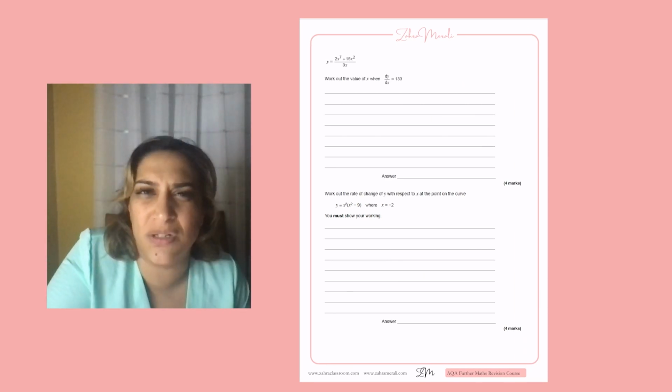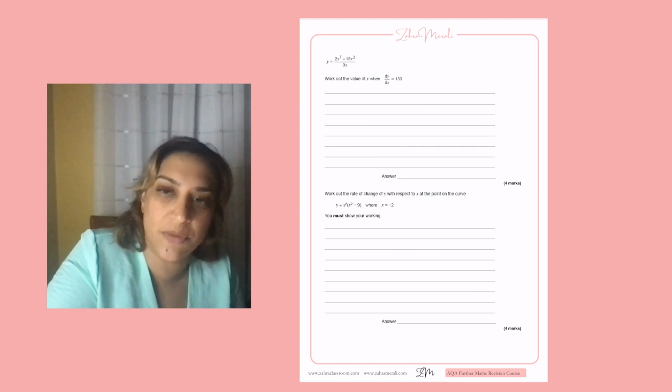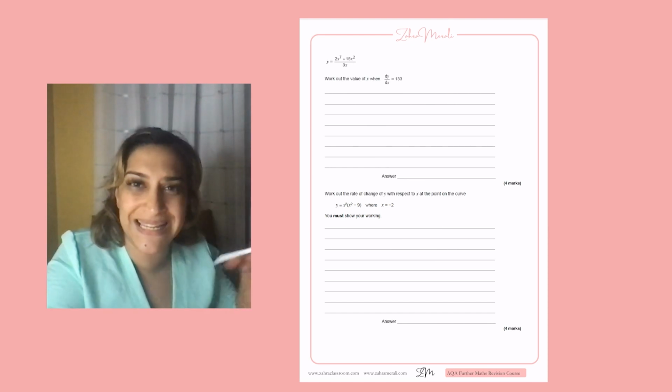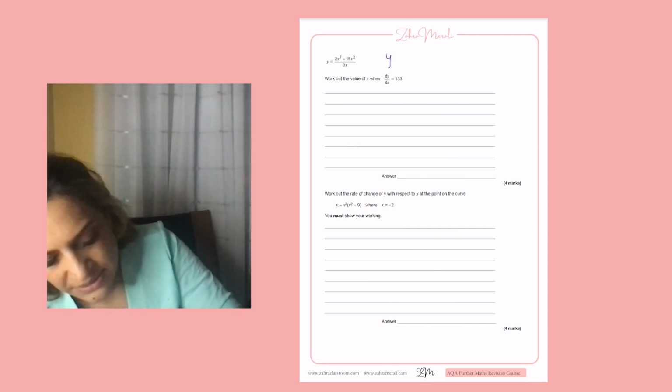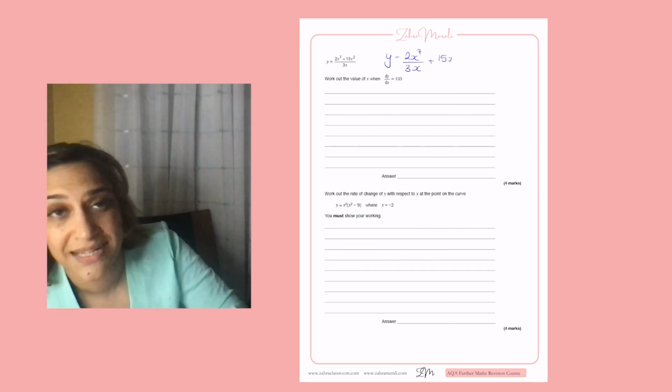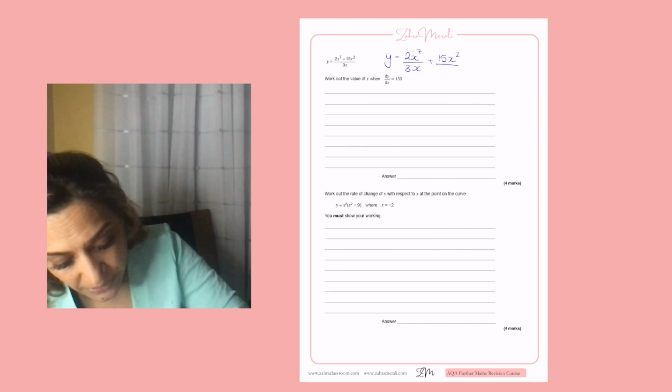Now when we've got something with something on the denominator, we want to be able to split it out. So we split the numerator. So this is the same as saying 2x to the 7 over 3x plus 15x squared over 3x.